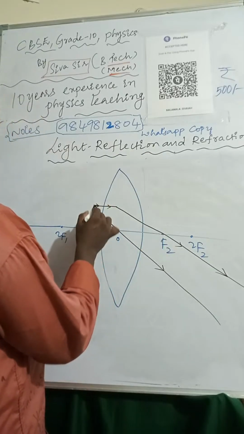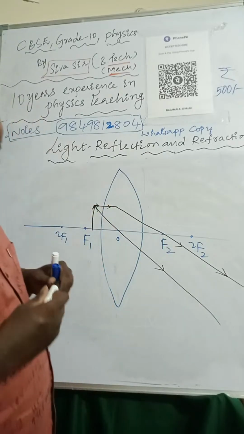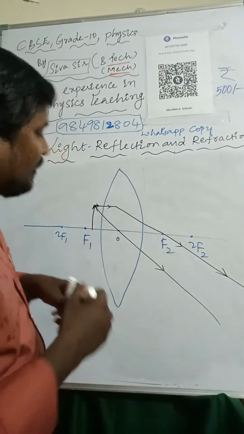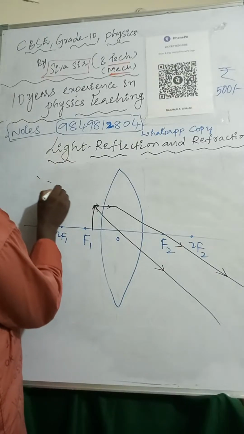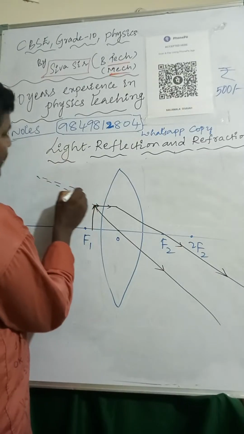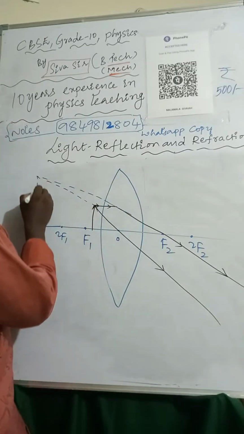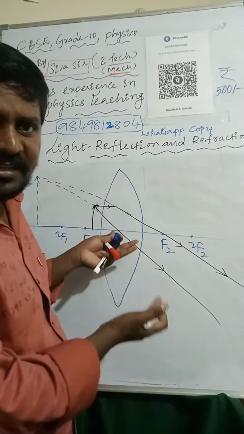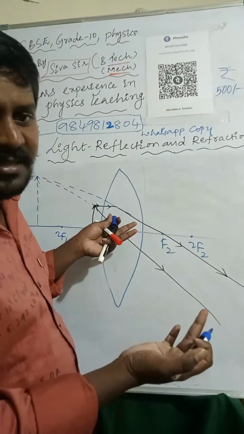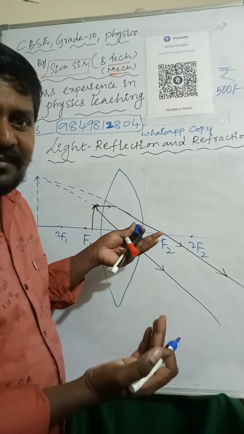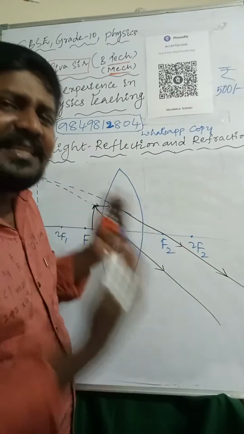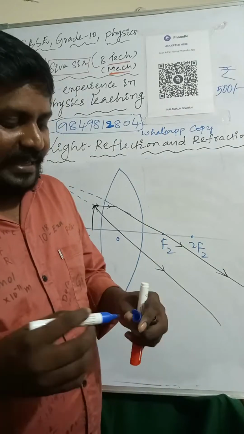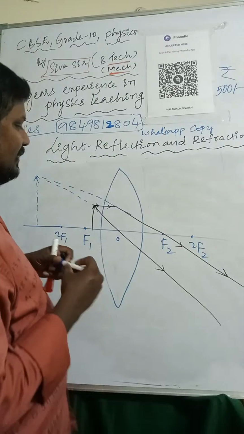If you extend these light rays, they will meet at one point on the same side of the lens, the same side as the object. So here I am taking like this. Clear? You got it? Simple, very easy, no doubt at all. Now we are going to the next one.